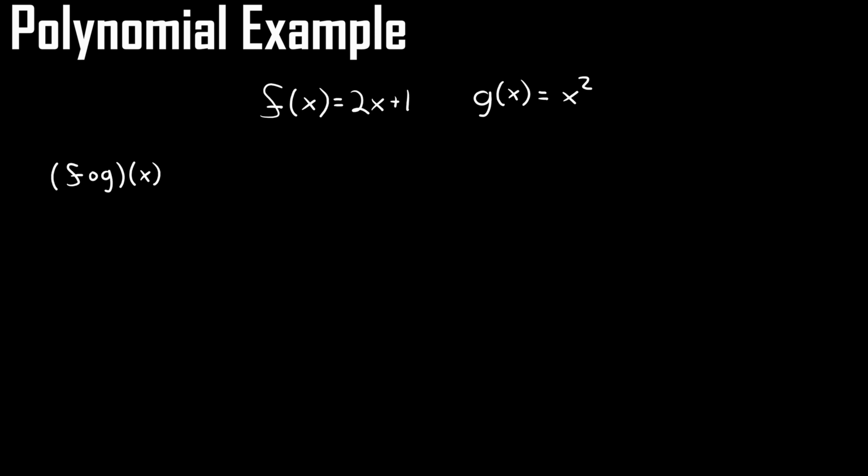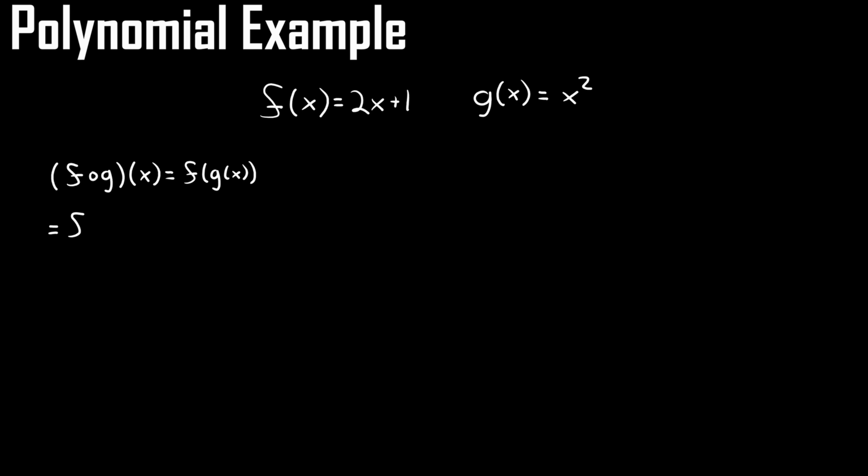So let's say we are given the functions f of x equals 2x plus 1, and then g of x equals x squared. To find f of g of x, let's start by plugging in g of x first.